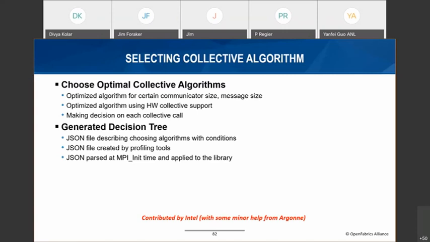What the collective selection framework does is that we provide this JSON format, and the library will be able to understand these decision criteria and reconfigure the collective system based on that. So this is the collective algorithm framework. This is also contributed by Intel. Next slide, please.